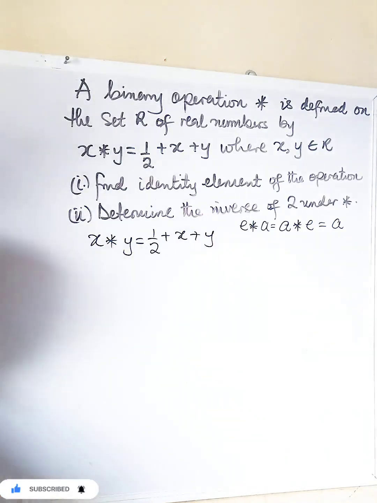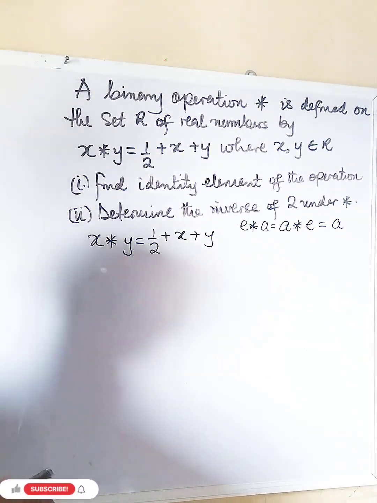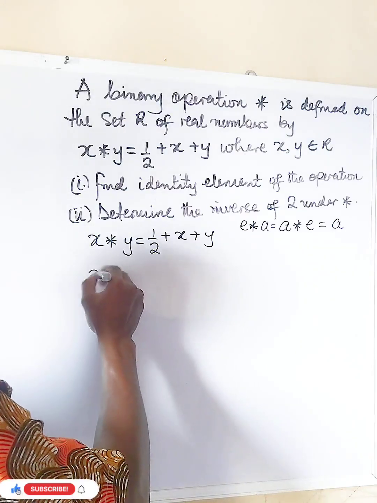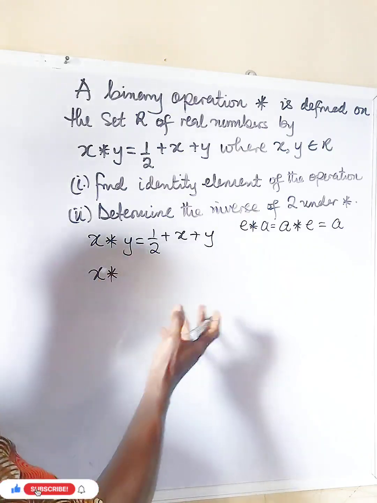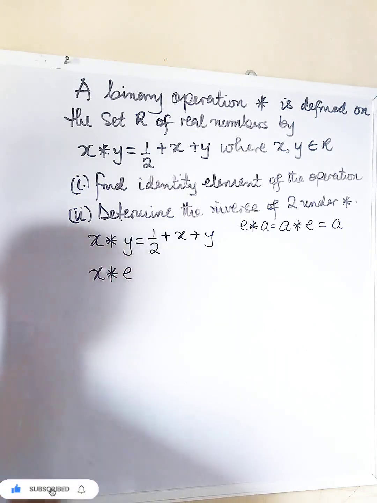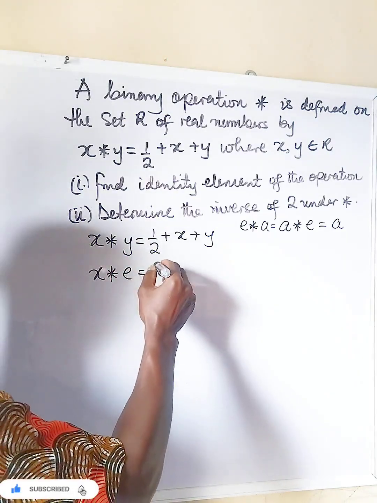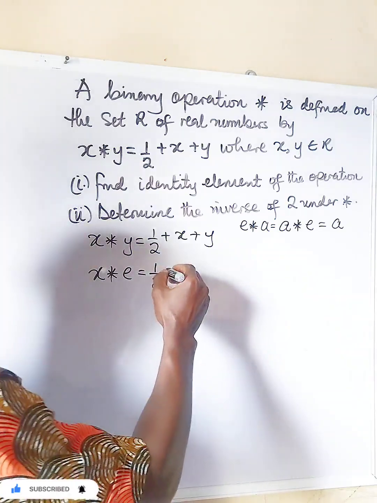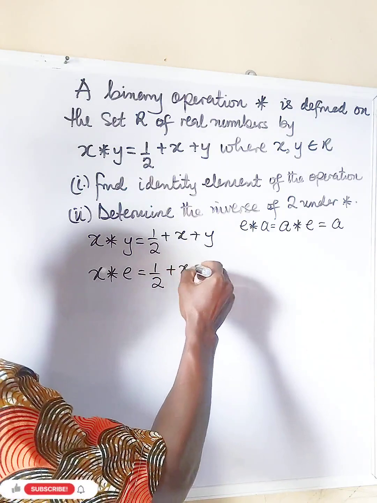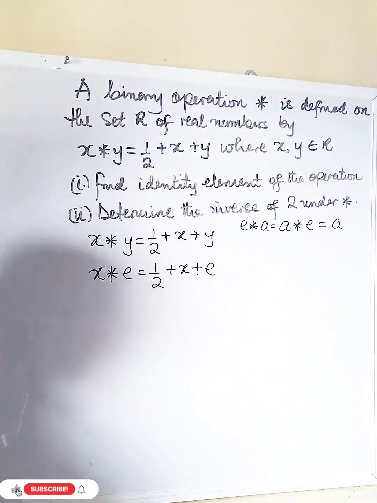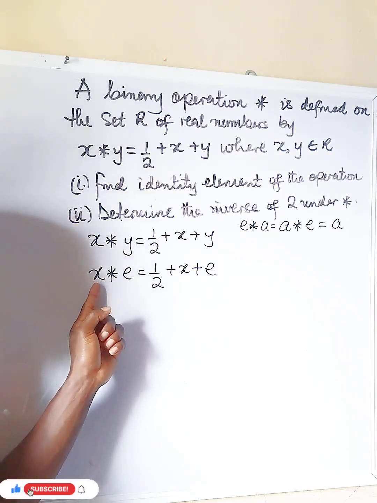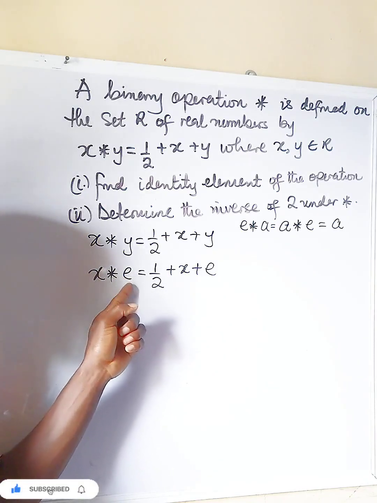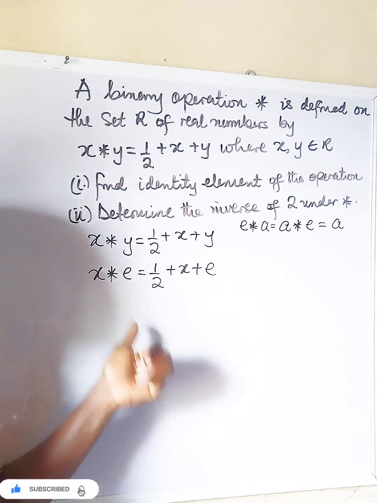So let us now look here. So let us see x * e, where e is the identity element. So here you have 1 all over 2 plus x plus y. Now wherever you see y, replace it with the identity element, you have x plus e. And take note that any element being operated on an identity element gives you that same element.